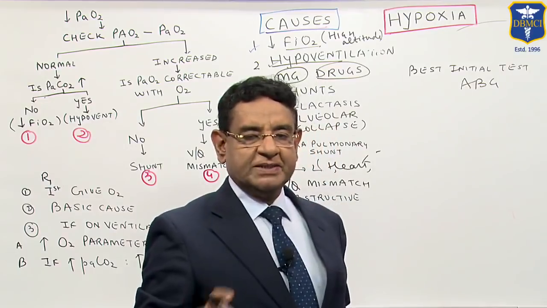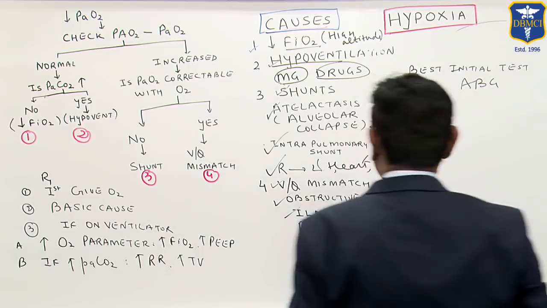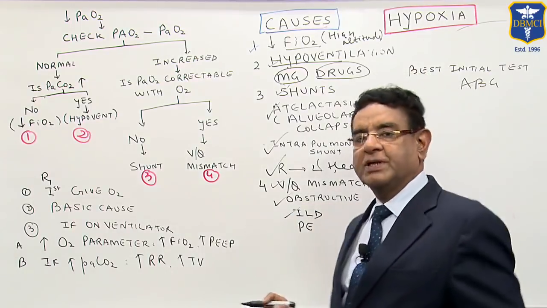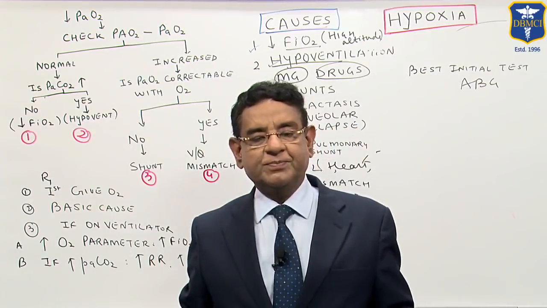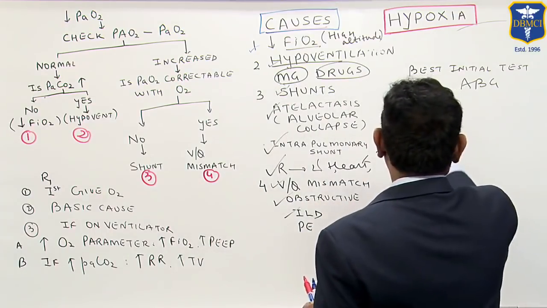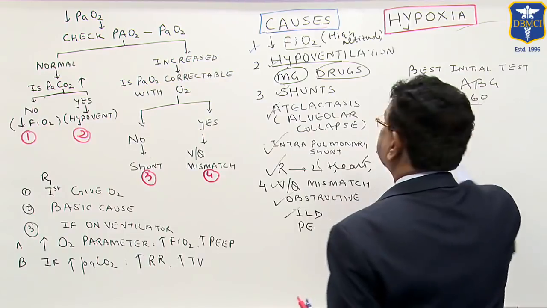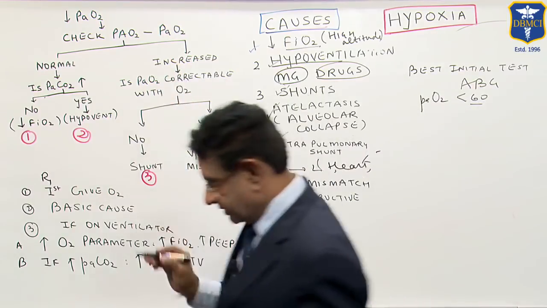This is the best and the most accurate test. So we got ABG and we are getting PaO2 less than 60, that confirms he has hypoxia.